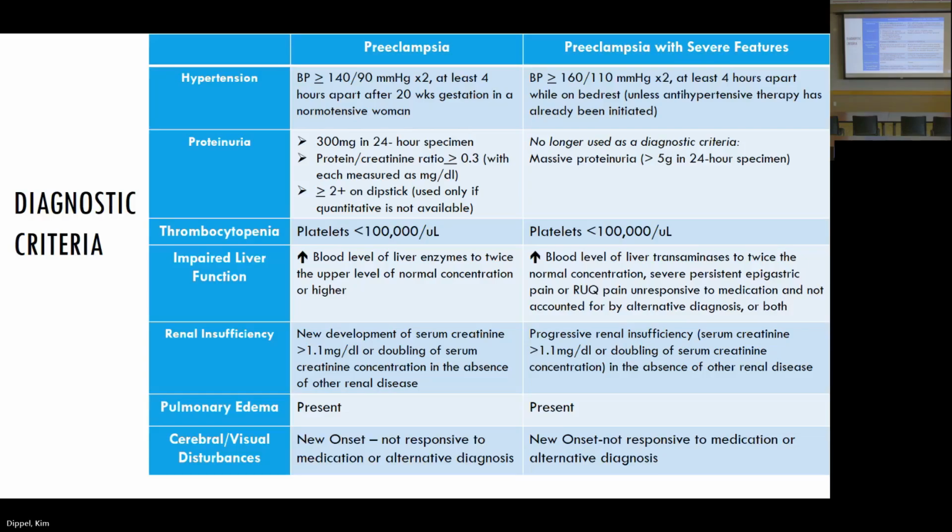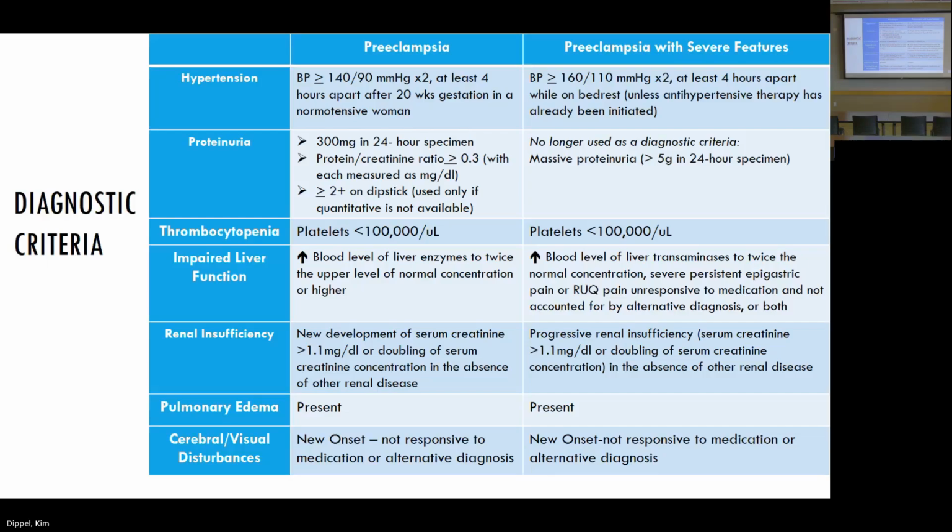Hypertension, there are some criteria there. It's where the blood pressure is 140/90 on 2 different readings, at least 4 hours apart after 20 weeks gestation. However, if we have preeclampsia with severe features, that will be reflected in the numbers in the blood pressure: 160 systolically and/or 110 diastolically.